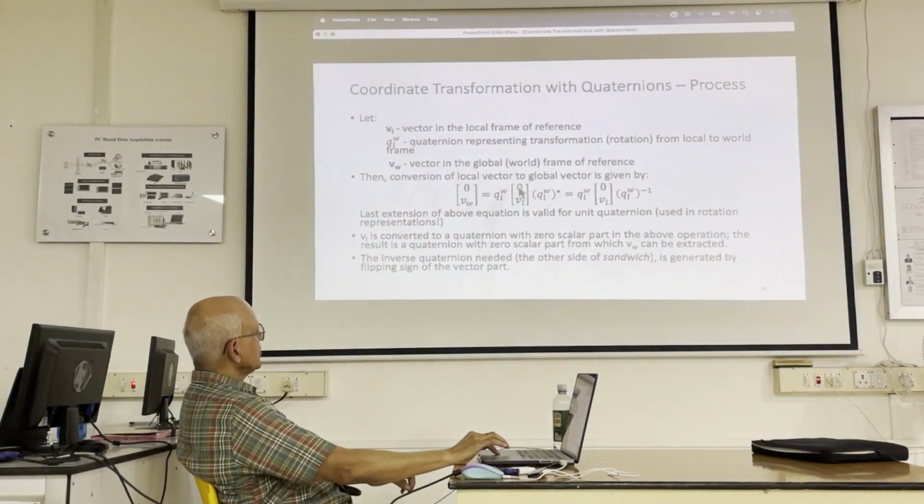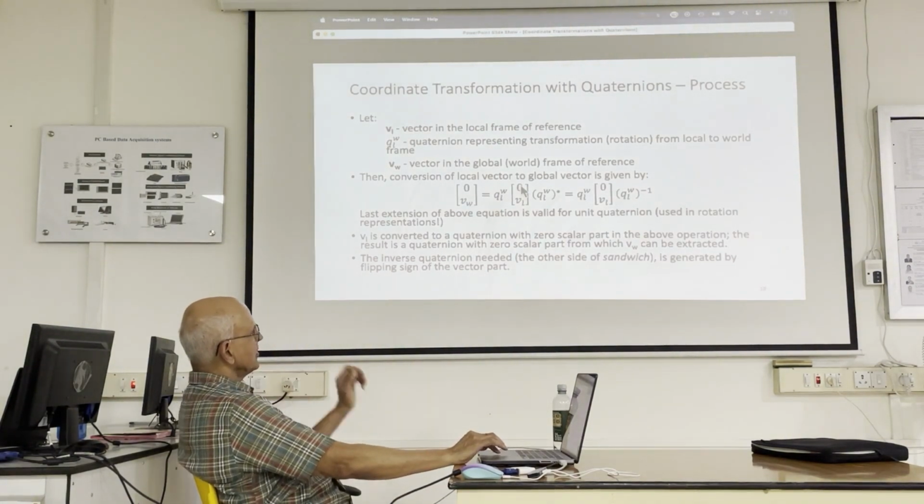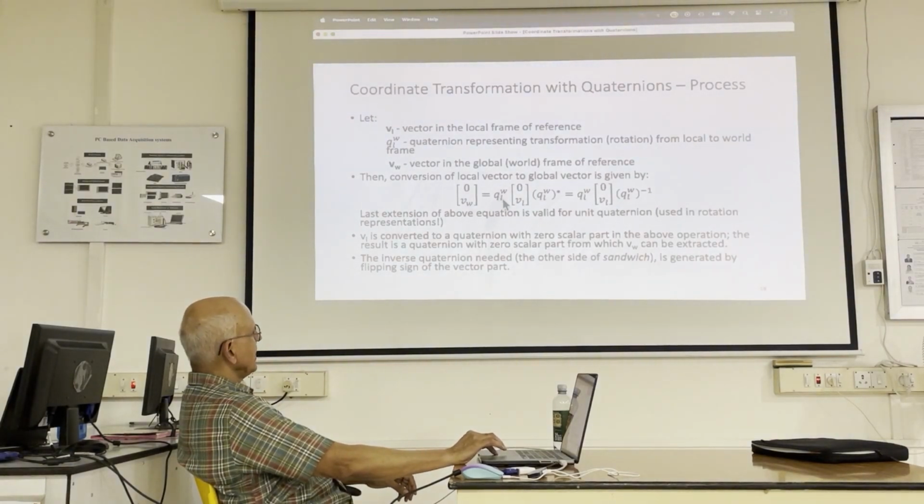We add a 0 as the first element and leave the vector as the bottom 3 elements, so you get 4 numbers. You pad the vector with a 0, it becomes a quaternion, and then pre-multiply by QLW, which represents the rotation from local to world frame.